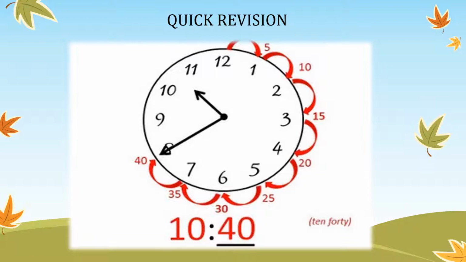The short hand indicates the hour hand and the longer hand is the minute hand. The shorter hand tells us each and every detail of the hour. The minute hand tells us about the minutes, each and every minute.